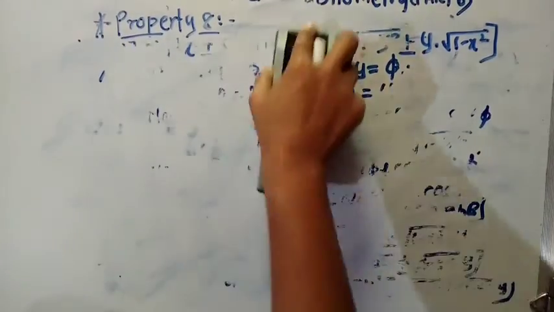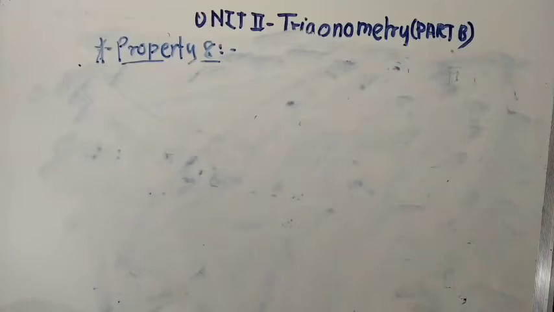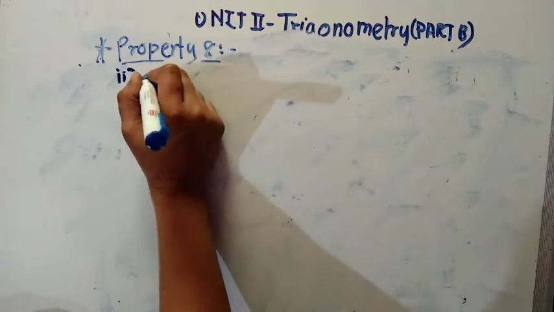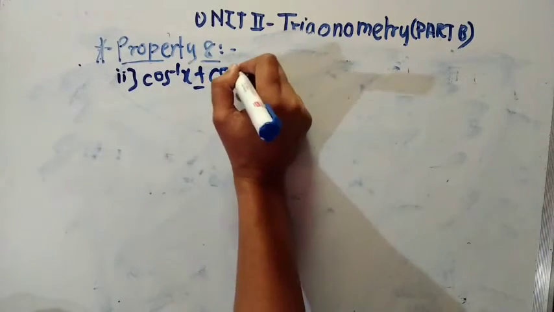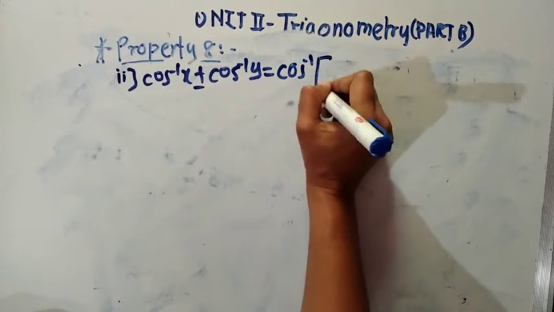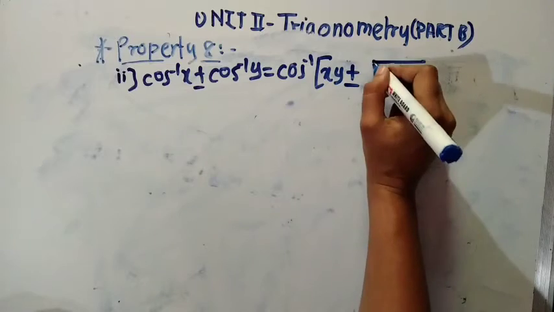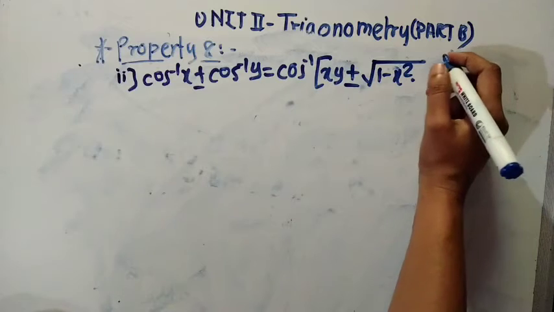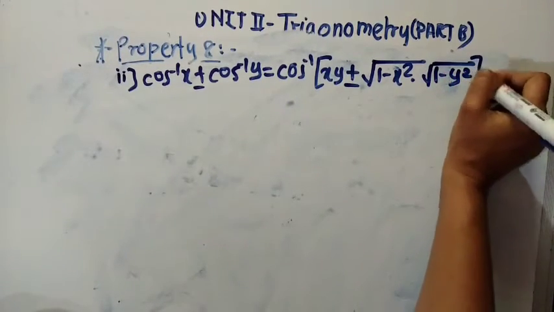Then we give the second property. Cos inverse of x plus or minus cos inverse of y is equal to cos inverse of xy plus or minus root 1 minus x square into root 1 minus y square.